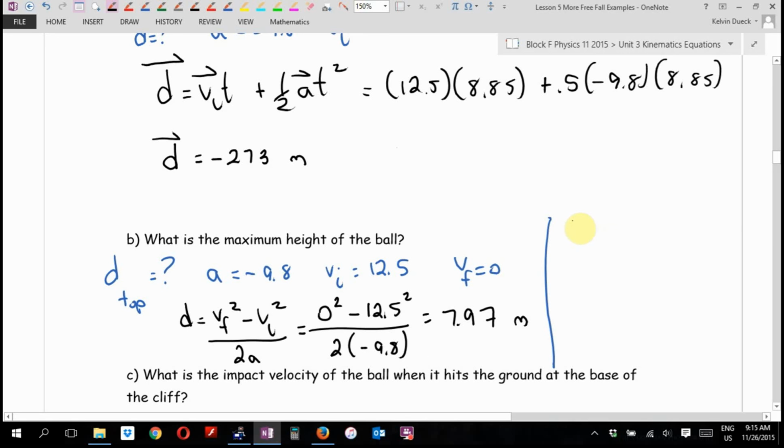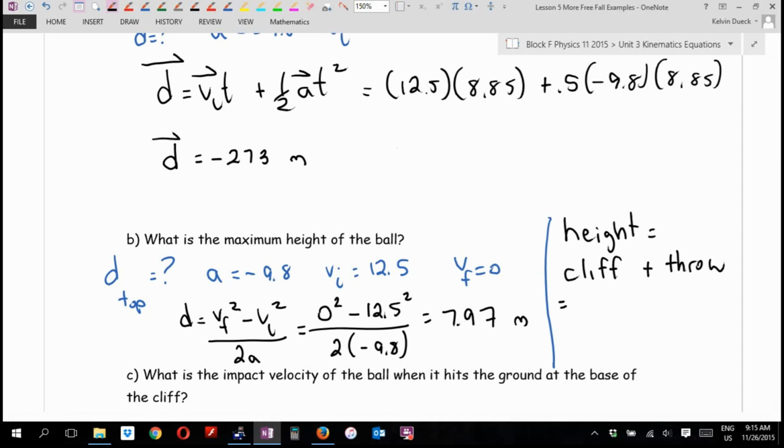That's why I said leave some space. So the height is going to be the cliff plus the throw, if you want to write that in English. How high was the cliff, Connor? I'll call it positive now, because I'm measuring everything from the ground up.